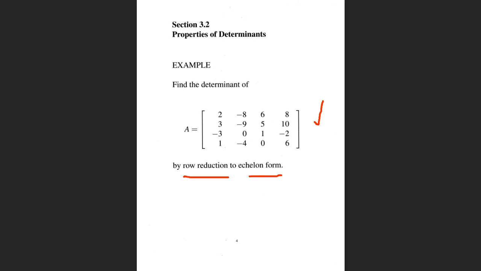Okay, so once again, we have this dense matrix A here, but we know that if we get a matrix into echelon form, it's very easy to compute the determinant. So we're going to do row reduction on the matrix A to echelon form and compute determinants as we go.